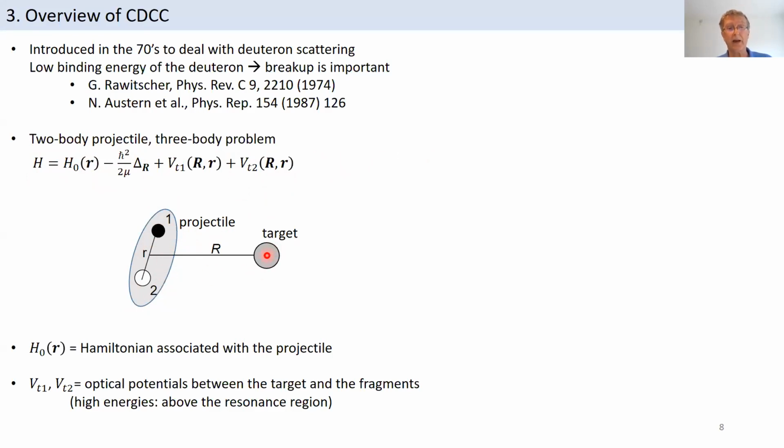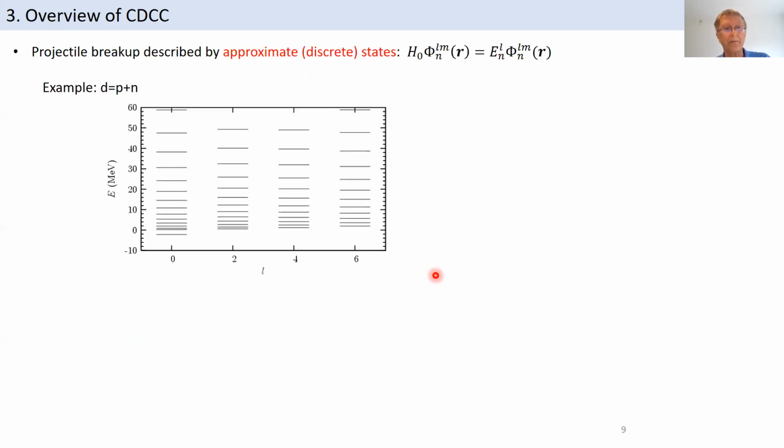In general, the data are obtained at rather high energies, which are far above the resonance region. And then the breakup of the projectile is described by a discretized continuum.